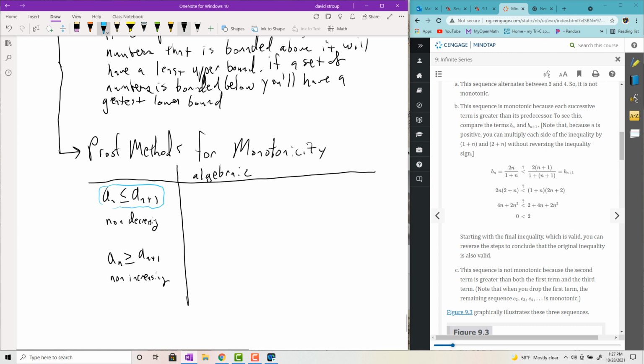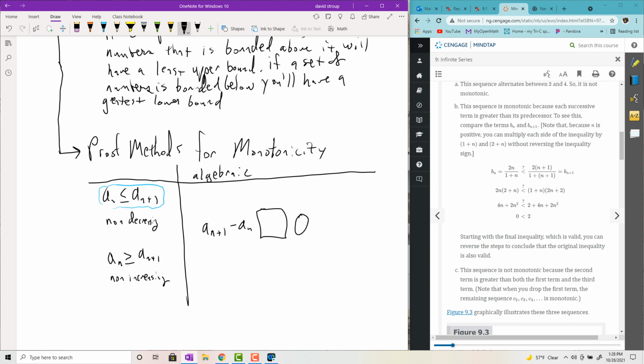What they're showing you right there is basically you can move the a sub n plus 1 to the other side and just prove either it's greater than or less than, so you look at the difference. You say a sub n plus 1 minus a sub n and then compare that to 0.